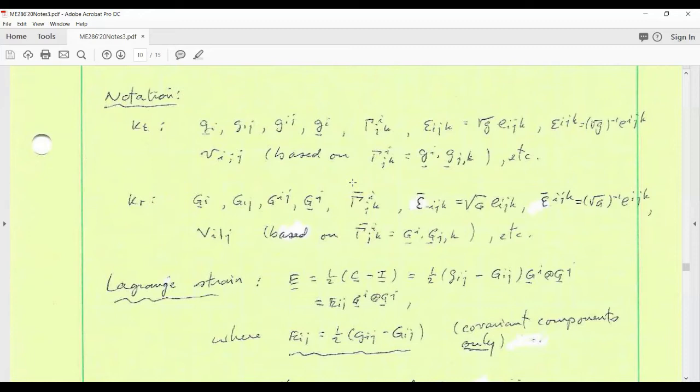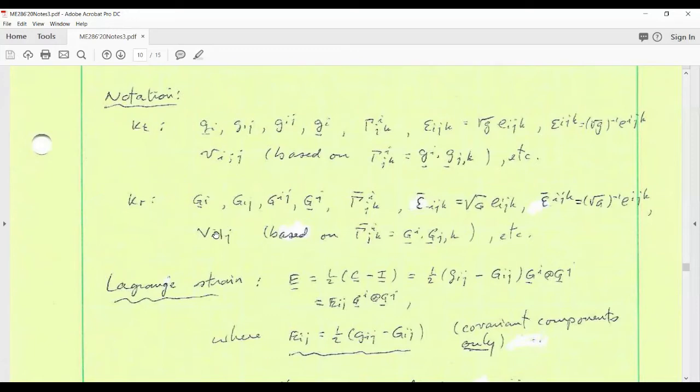People don't want to deviate from it. So I'll distinguish these connection coefficients from these by using an overbar. I'll put an overbar on the permutation tensor to get the referential permutation tensor, contravariant components here. And if I need a covariant derivative based on this connection, I'll use a vertical stroke instead of the semicolon.